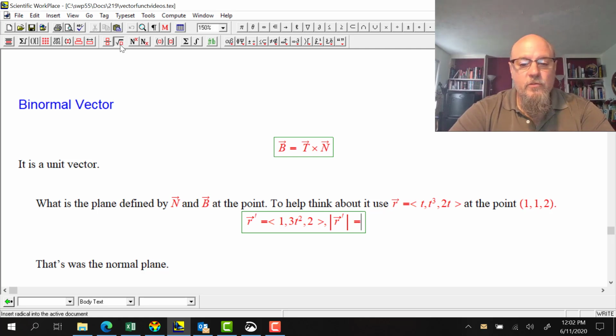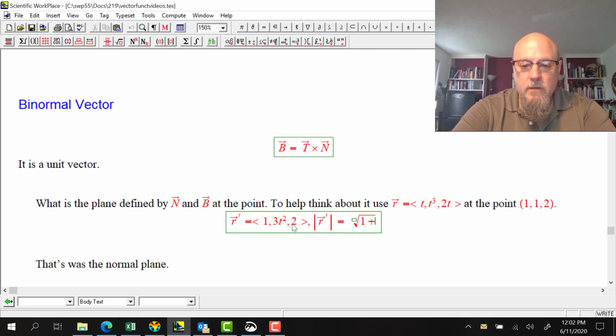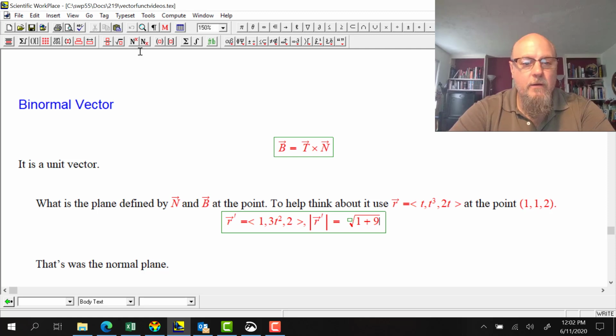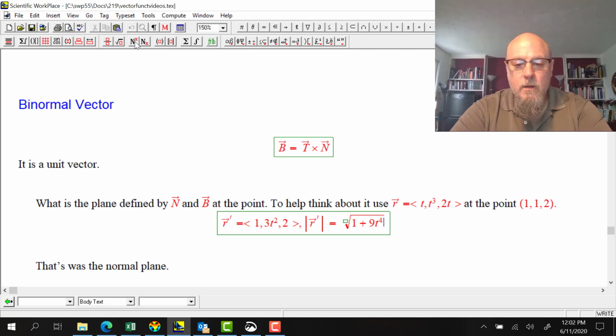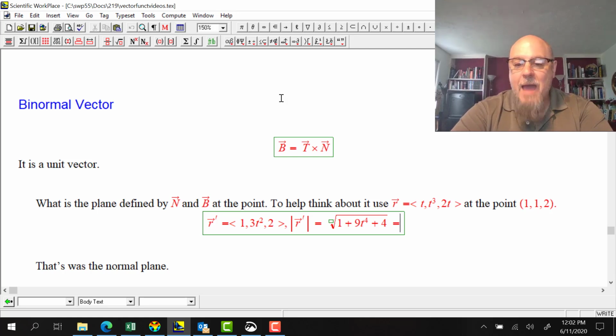That's going to be equal to the square root of first component squared plus second component squared plus third component squared. So first component squared plus second component squared, t to the 4, plus third component squared. And I want that magnitude at the point 1, 1, 2. What time is it at the point 1, 1, 2? At the point 1, 1, 2, t is equal to 1. So this magnitude, when I plug t equal to 1 in, is root 14.